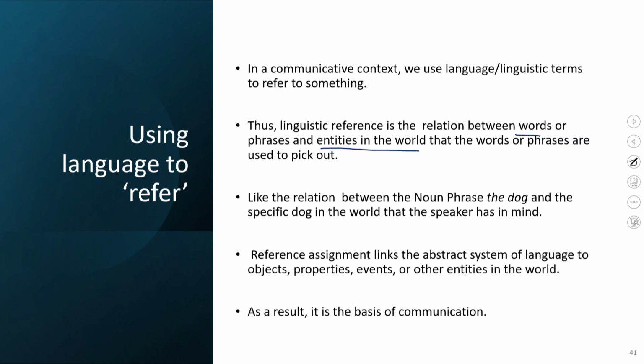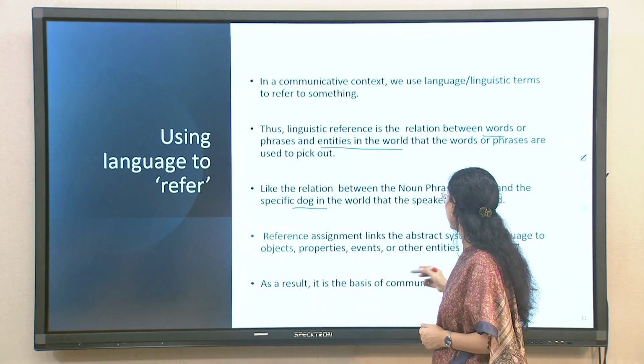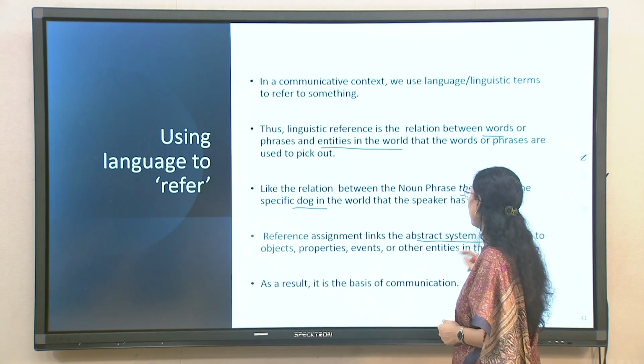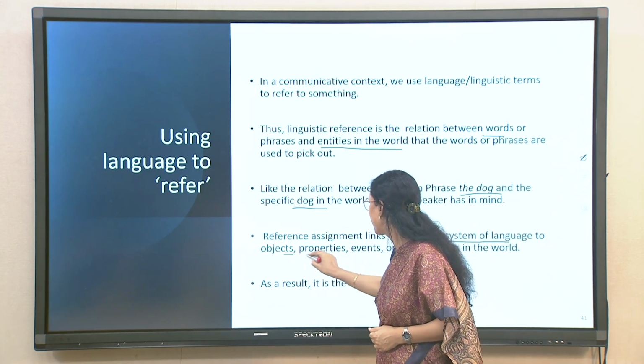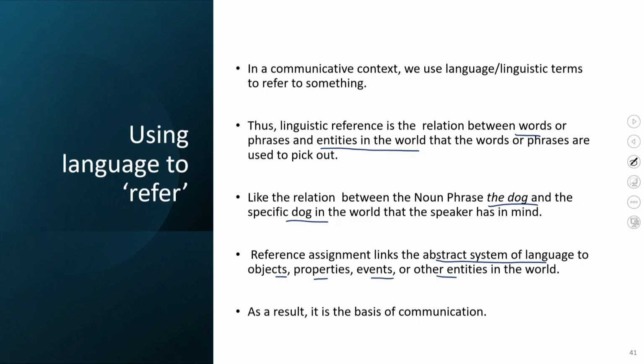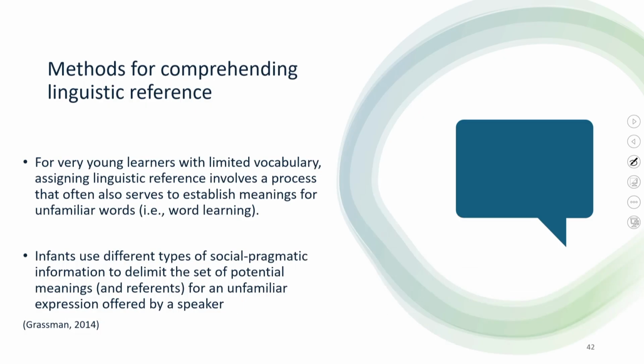Like the relationship between the noun phrase 'the dog' and the specific dog in the world, because it is 'the dog', it is a specific dog. If we had used 'a dog', it would be any dog in the world. This is what I mean by reference. Referential assignment links the abstract system of language to objects, properties, events and other very different kinds of entities in the world, and hence it is at the fundamental level of communication.